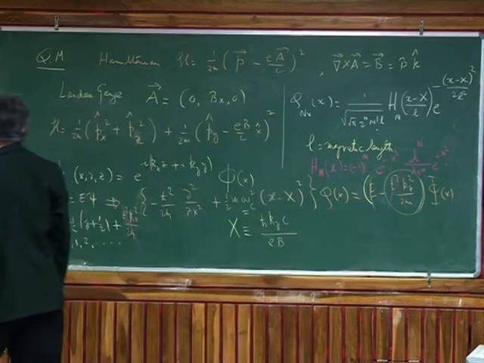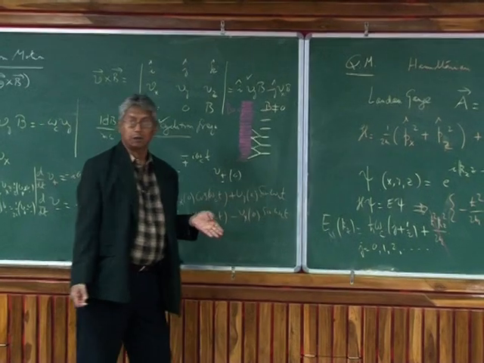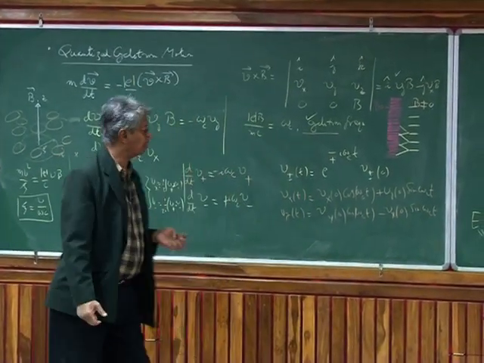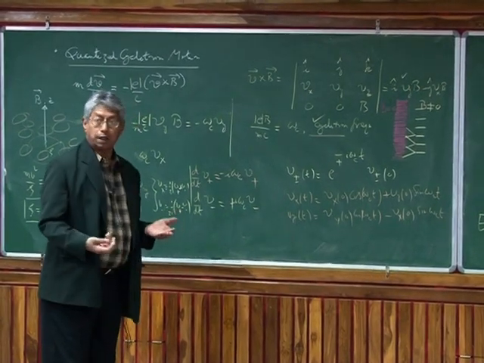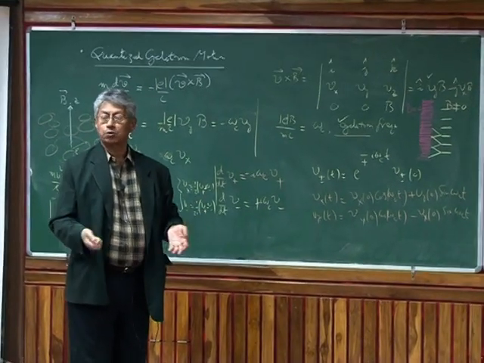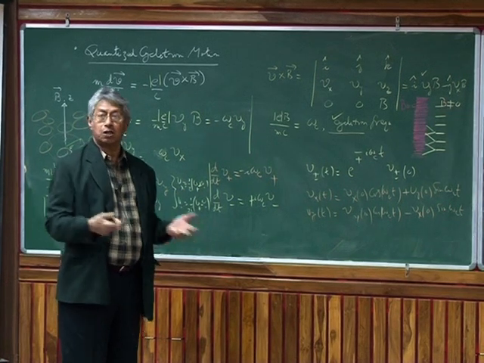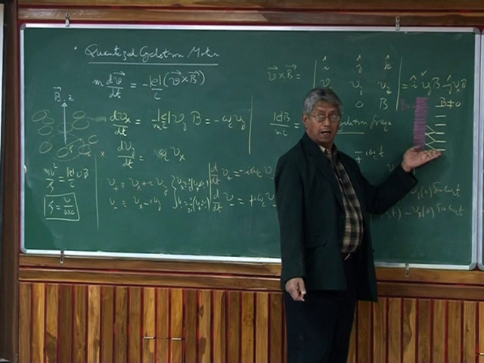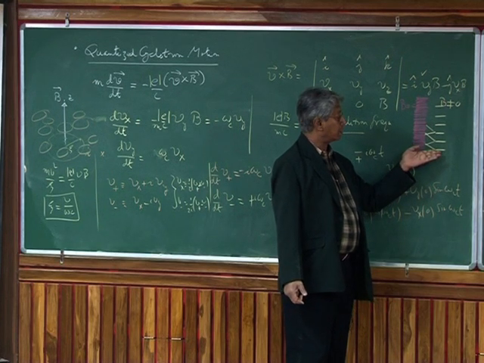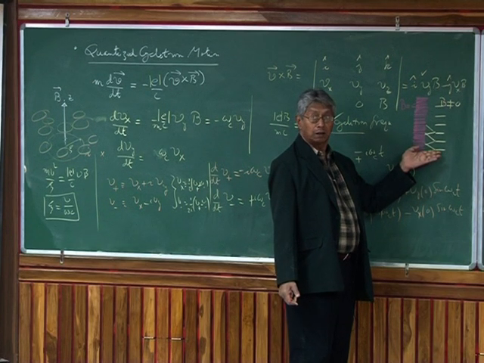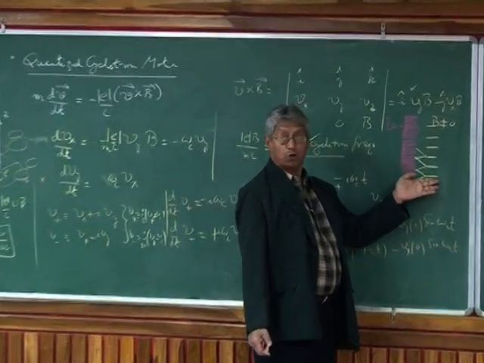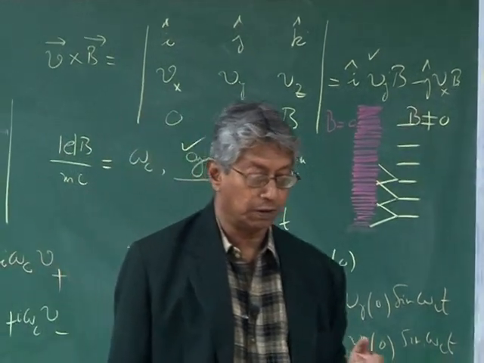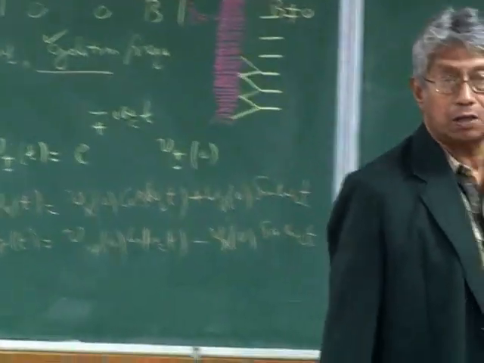And therefore, by raising the strength of the magnetic field, in these matters we have experts here like Dr. Gonza, you can have very large degeneracy. So you can pump in lots and lots of electrons in the lower levels. So the quantum Hall effect and fractional quantum Hall effect, etc., are high magnetic field phenomena at very low temperature, so that you occupy only the lowest Landau levels, and because of this high degeneracy.